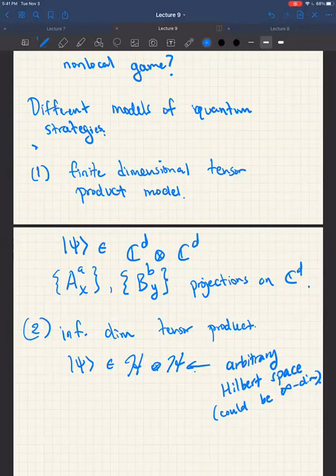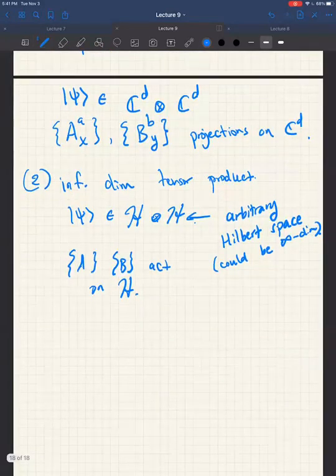Similarly, the projections also act on this space. So that's one model. And you can also consider their optimal winning probability in this case too.